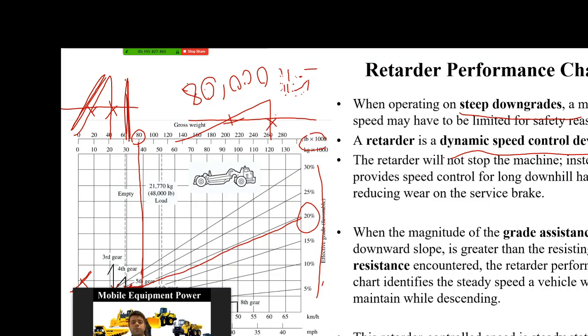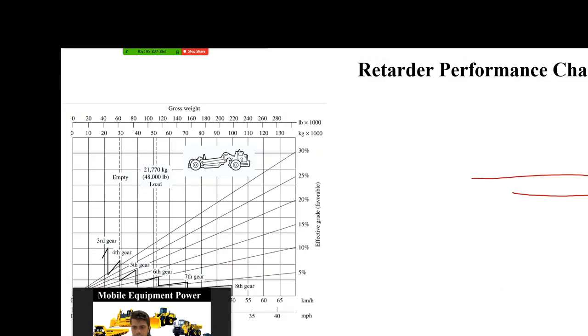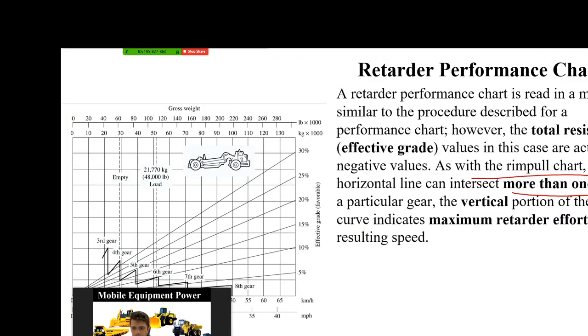If you rely on the vertical portion, that will give you the maximum retarder effort. So when you draw the horizontal line, you will have a vertical portion and a diagonal portion, and the vertical one shows you the maximum retarder effort.